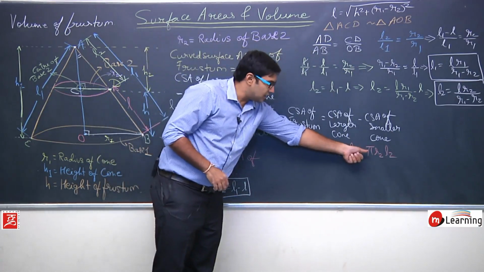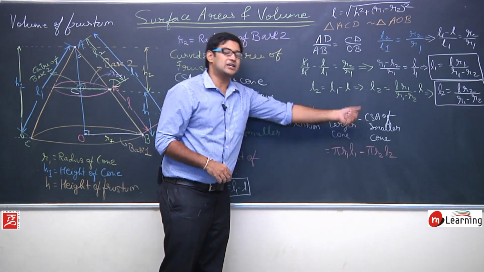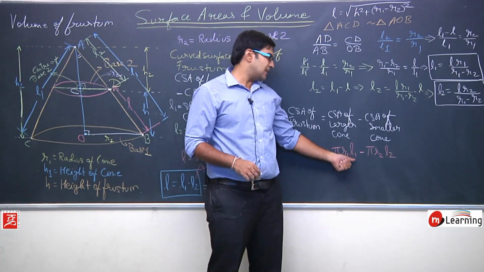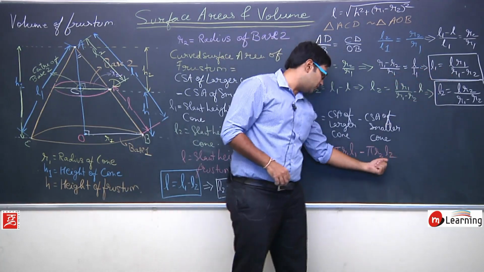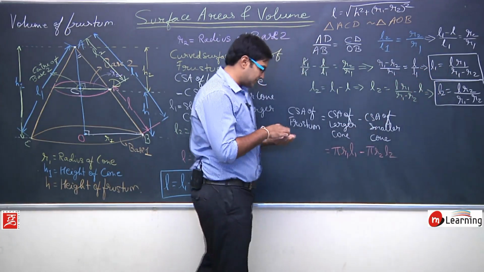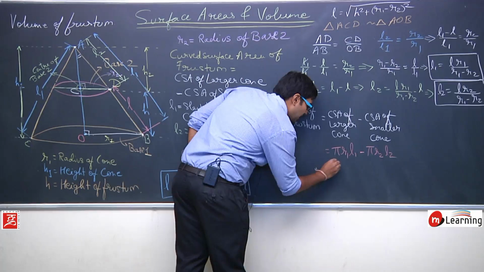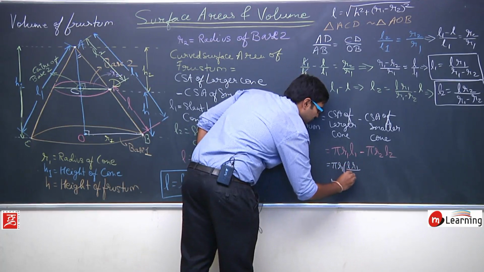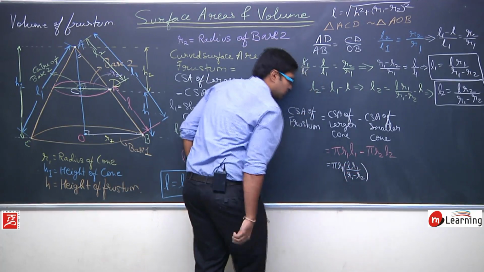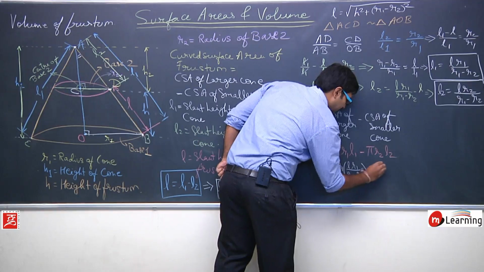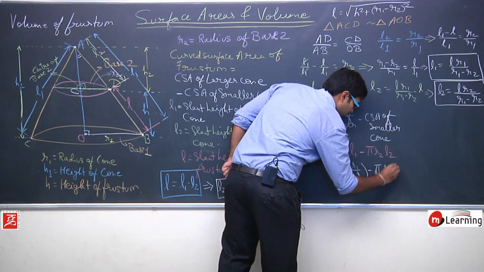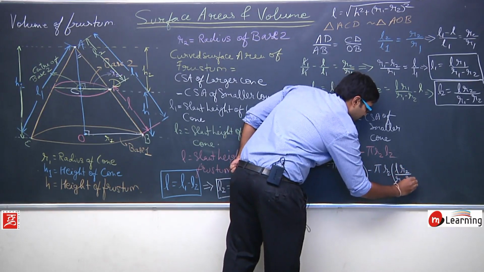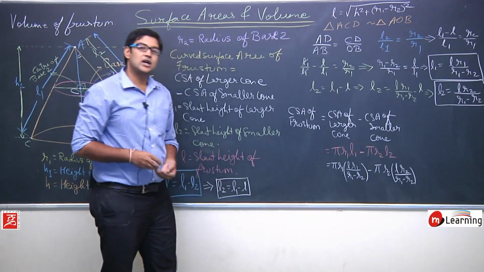Here R1 and R2 also represent the radii of the frustum, so I will not change these, but in place of L1 and L2 I have these relations. Let us substitute these two relations: pi R1 times (L R1 upon R1 minus R2) minus pi R2 times (L R2 upon R1 minus R2).